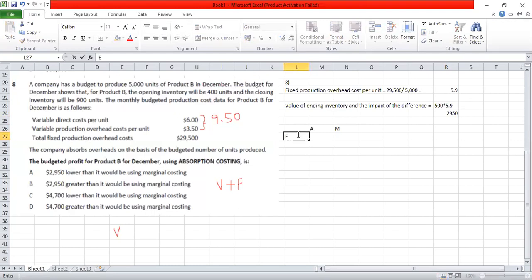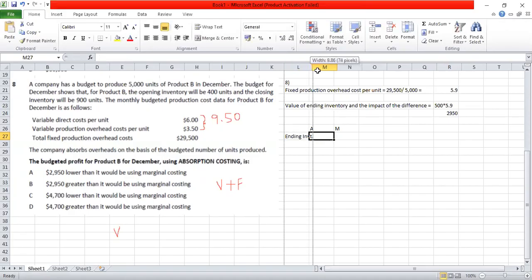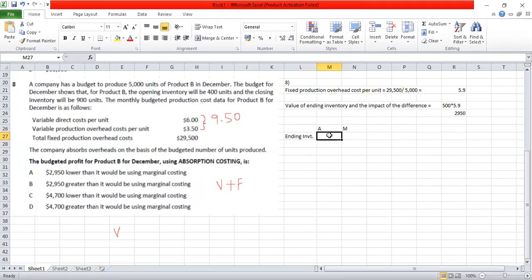So ending inventory value here is high. Under marginal costing, ending inventory value is low.